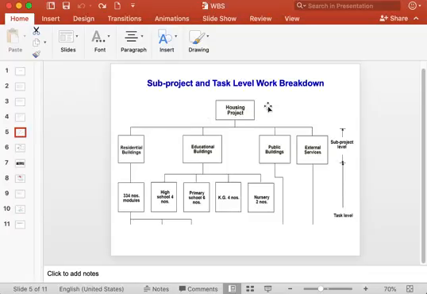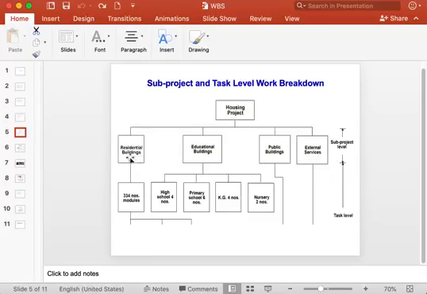So you can see the whole project is mentioned here, the housing project. So this project, housing project, can be divided into smaller parts like residential building, educational building, public buildings, and external service.